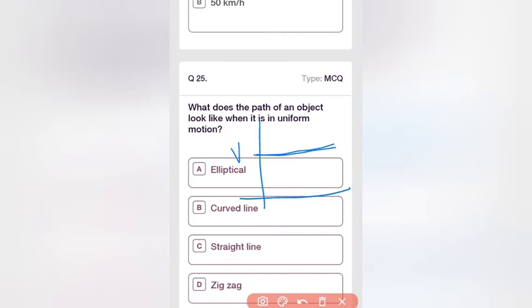Uniform motion means same speed or velocity. That means it is moving in a straight line. So option C is the correct answer.